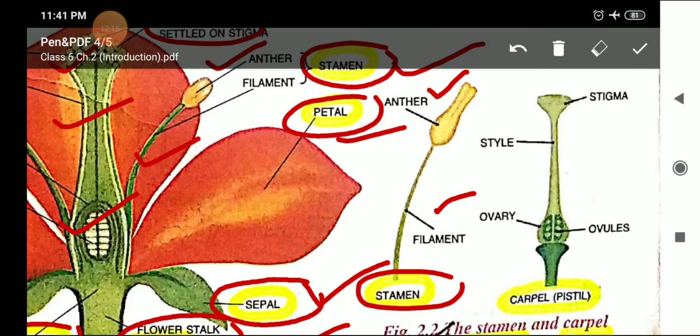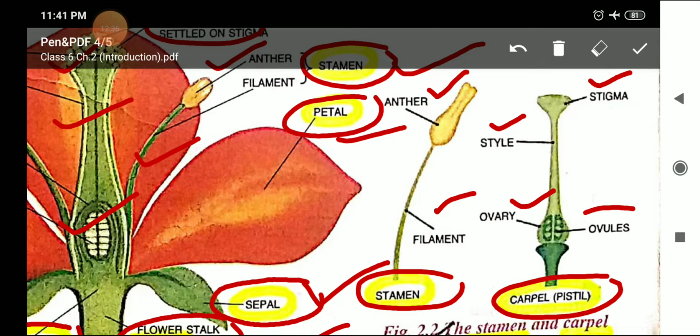Now the second very important innermost part, that is carpel or pistil, which has three parts: ovary, the swollen basal part, the stalk is the style and the tip is the stigma. An ovary contains ovules and ovules contain the female gametes or female reproductive cells.